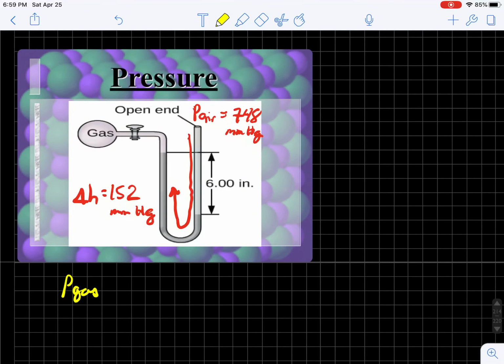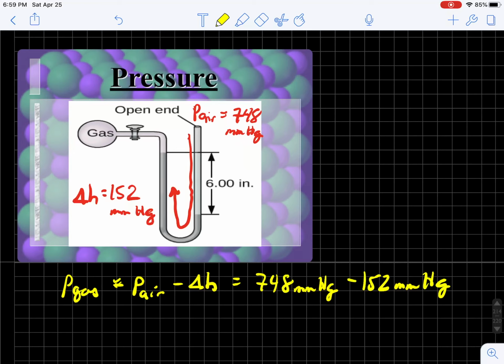All right, so pressure of our gas is going to be less than the air pressure, so we're going to subtract delta H this time. And they were nice enough to give us delta H, so we can just substitute in 748 millimeters of mercury, subtract out 152 millimeters of mercury, and that gives me 596 millimeters of mercury for my gas sample.